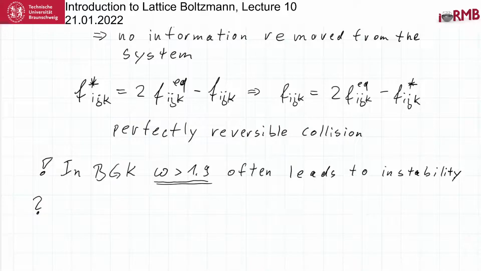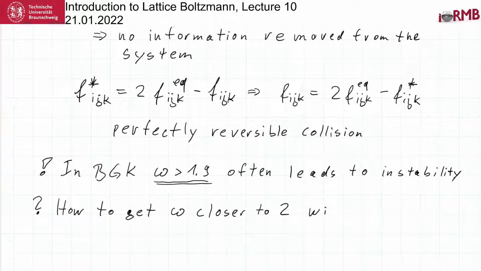Now the problem, or the challenge, is there a way to get closer to 2, to get omega closer to 2, without losing stability?